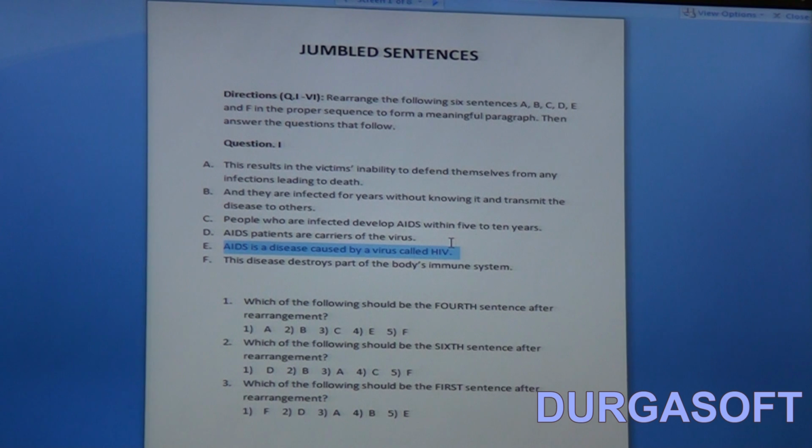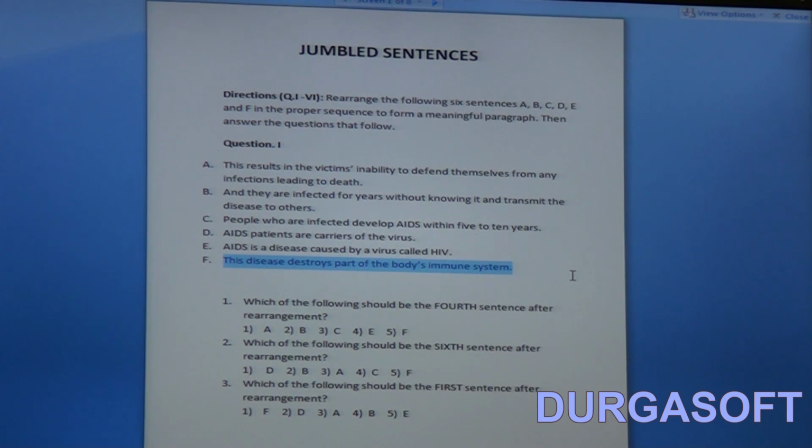See, after introducing the disease, I should tell what it can do, right? I have already told that AIDS is a disease caused by a virus called HIV. So the next step is to tell what the disease can do. So that has to be F. Okay.